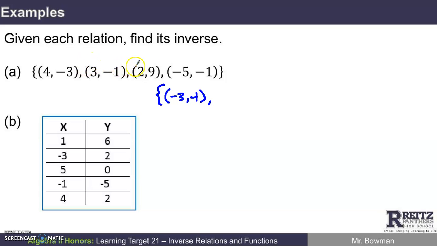Here's the ordered pair 3, -1. Well, I need -1, 3. If 2, 9 is in the relation, 9, 2 should be in the inverse. And if -5, -1 is in the relation, I need -1, -5.